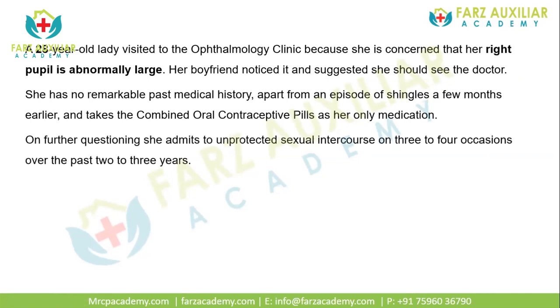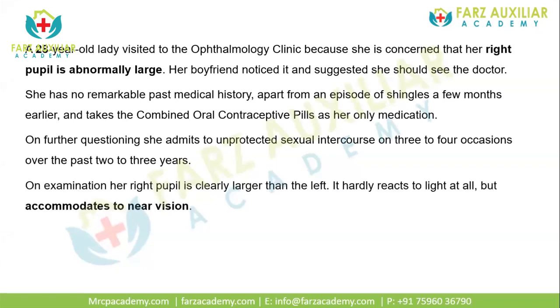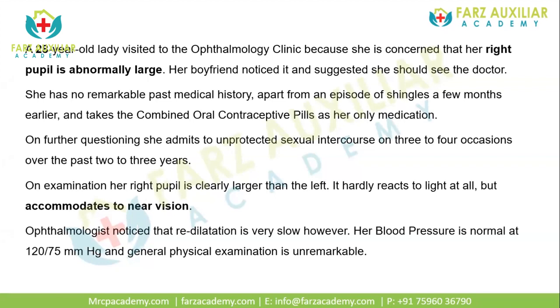On further questioning, she admits to unprotected sexual intercourse on 3 to 4 occasions over the past 2 to 3 years. The right pupil is clearly larger than the left. It hardly reacts to light at all, but accommodates to near vision. The ophthalmologist noticed that redilatation is very slow. Her blood pressure is normal and general physical exam was unremarkable.